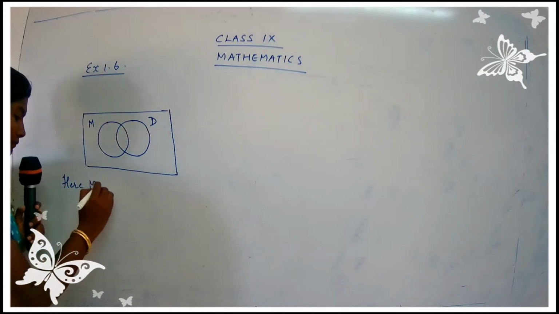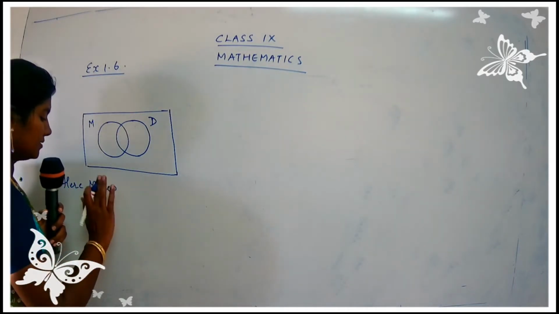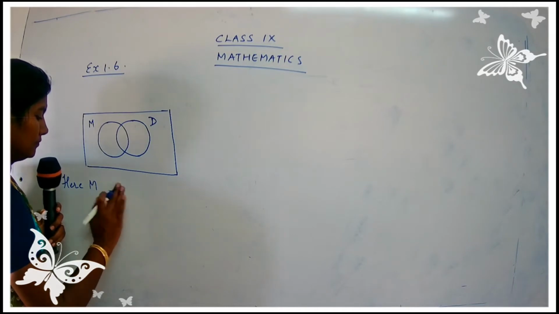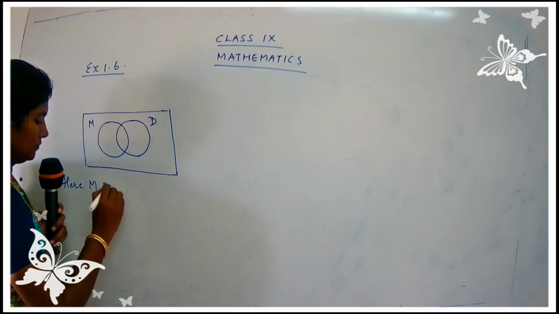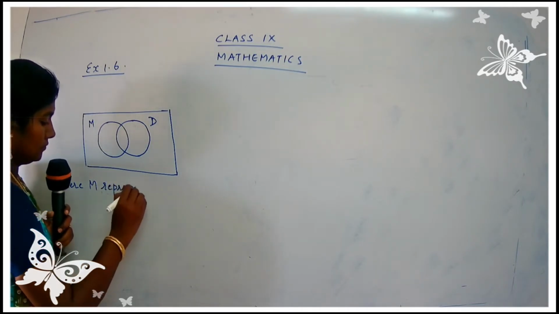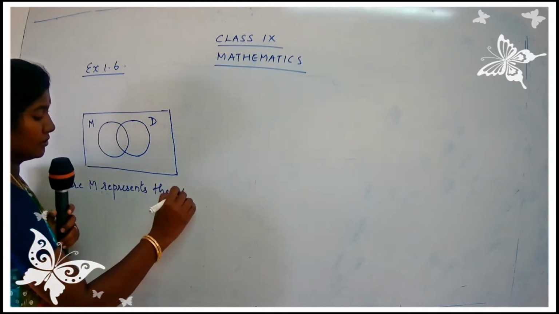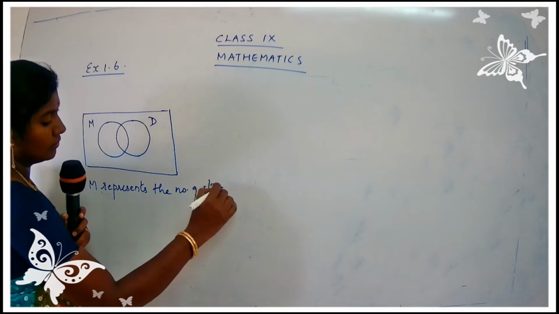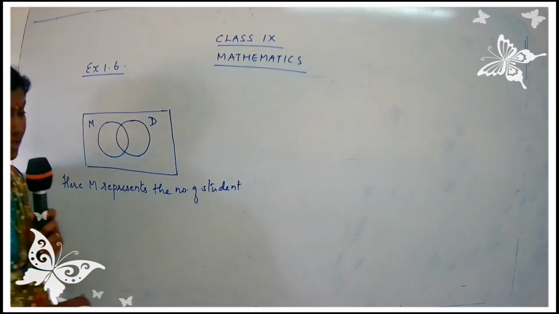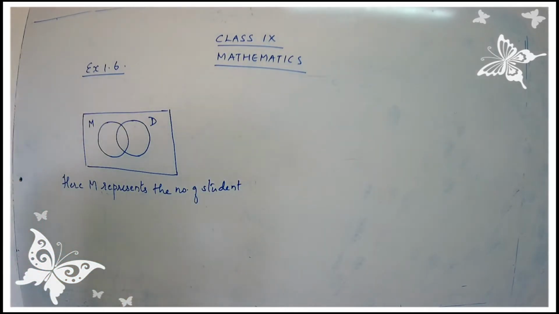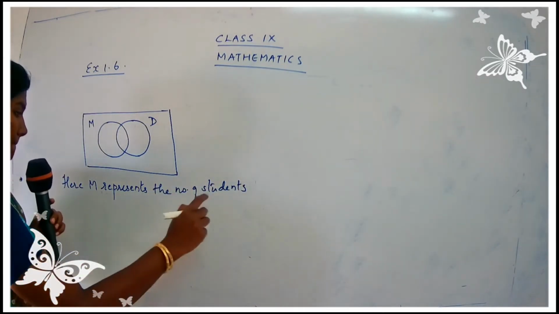Here, M represents the number of students. They have given students, not children, so we'll put student.